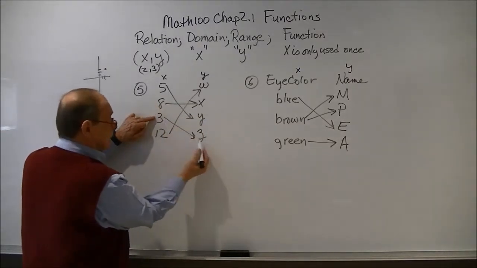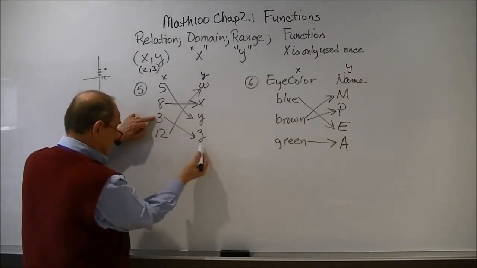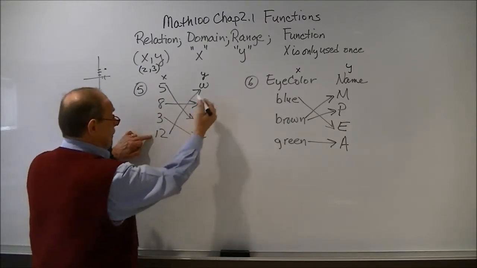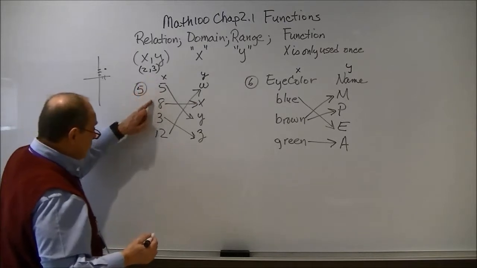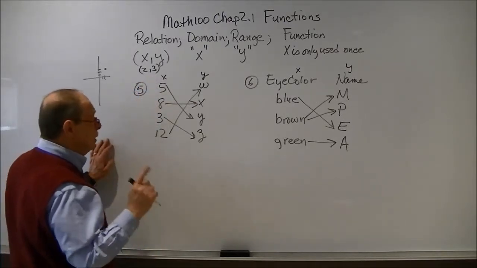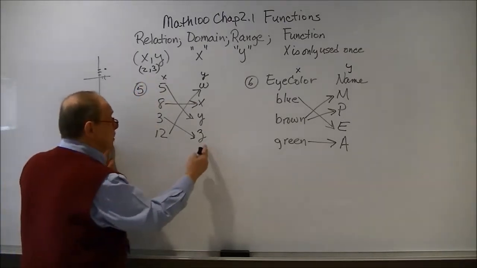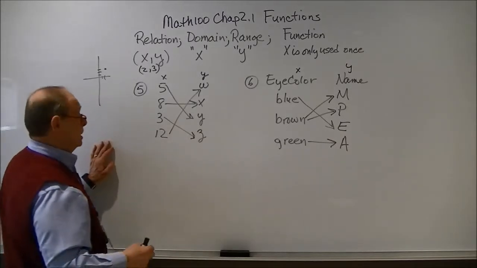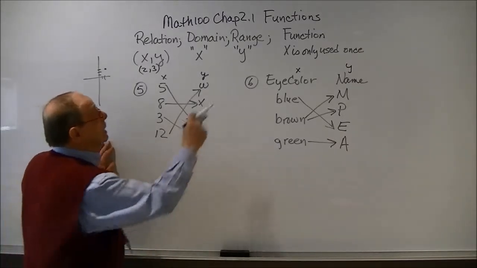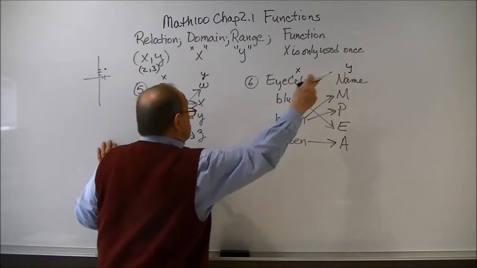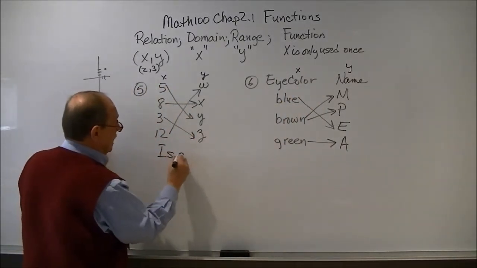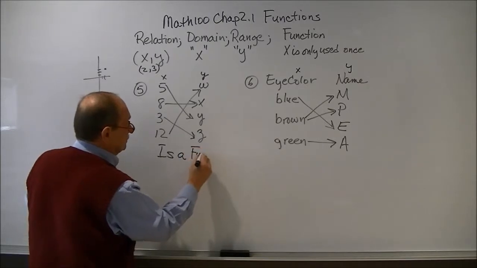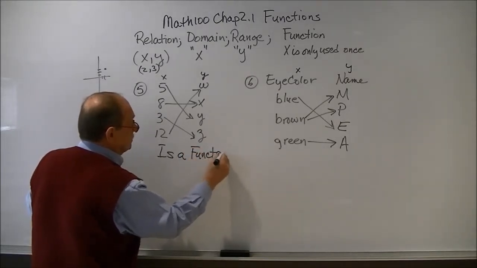A 3 and a z, that's used once. A 12 and a w, that's used once. So the x elements are only used once to pair up with a y element. And x is only used once, so this is a function.